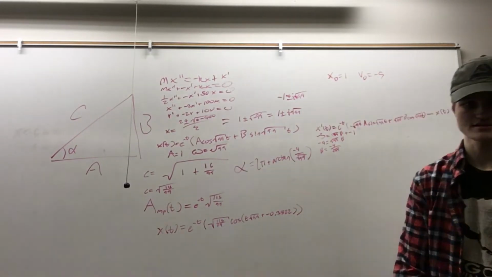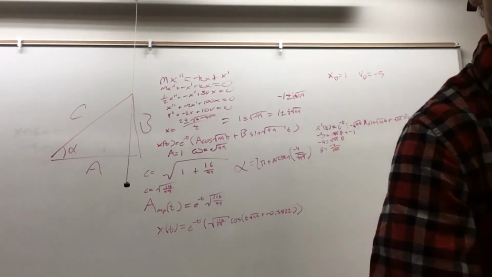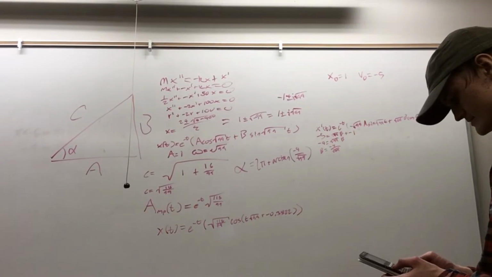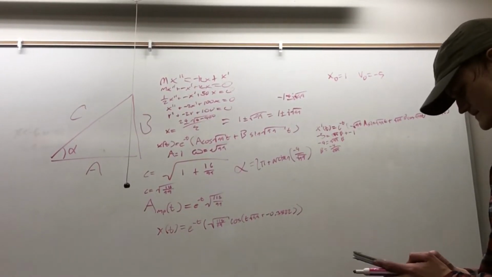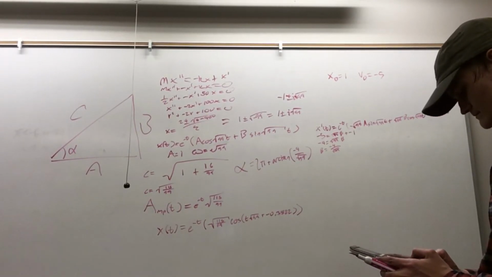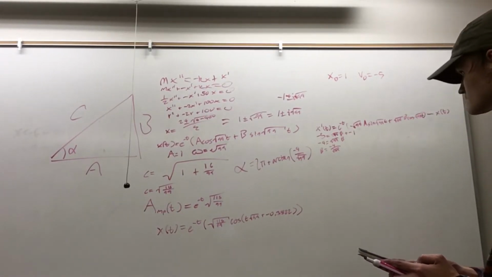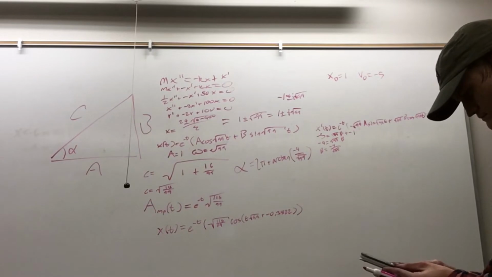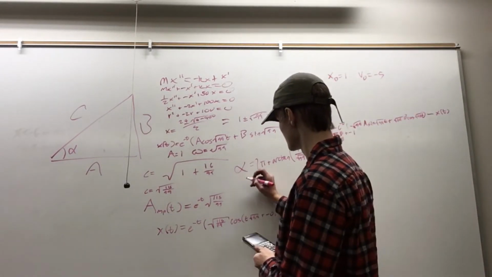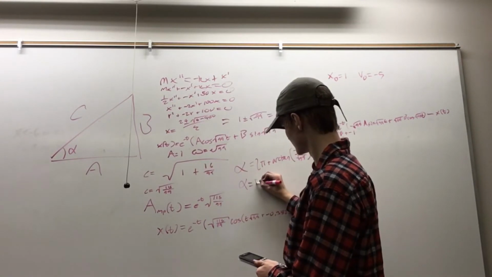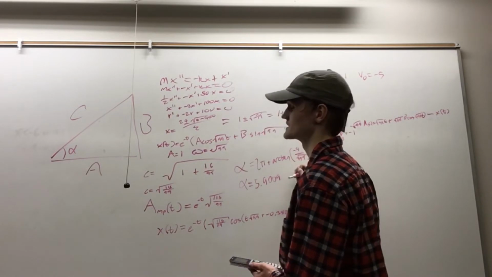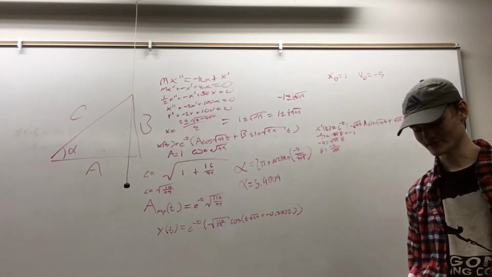And if you do this, you get something different. You get 5.9009 radians. So that's very different.